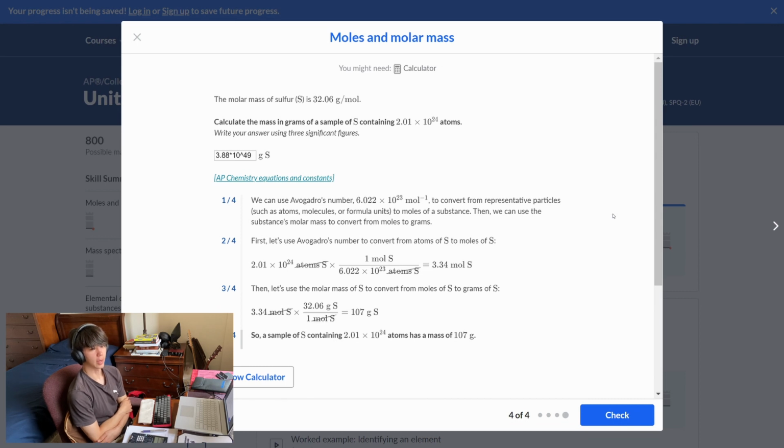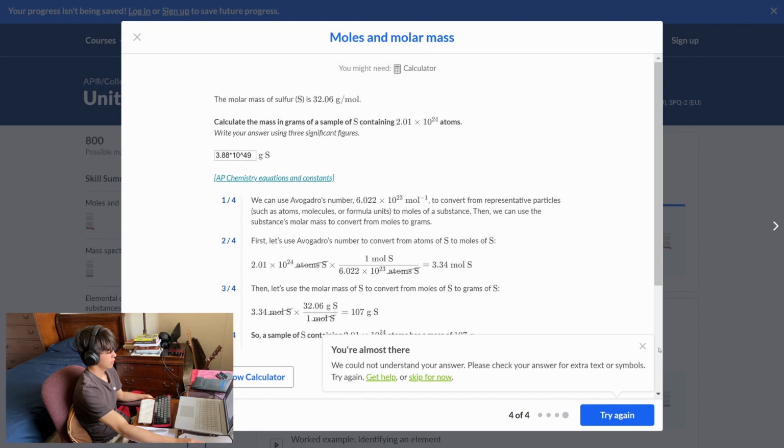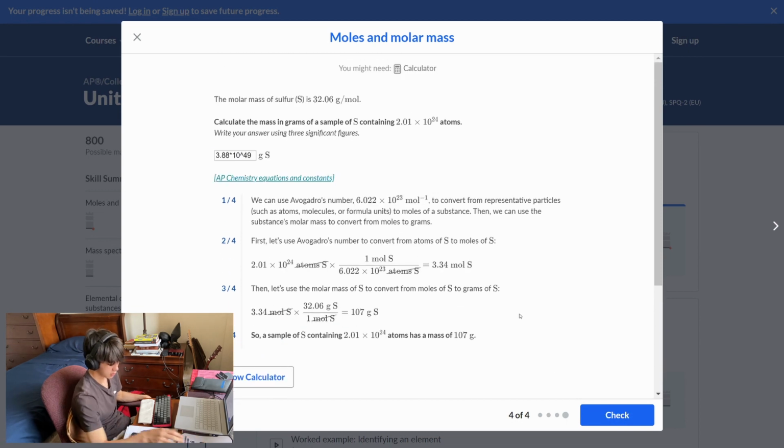You don't multiply it by the atoms per mole, you multiply it by the moles per atom, because you have this many atoms and you want to go per every atom.